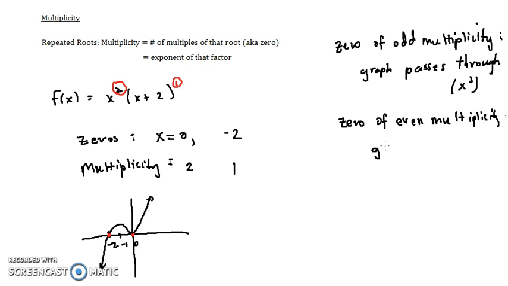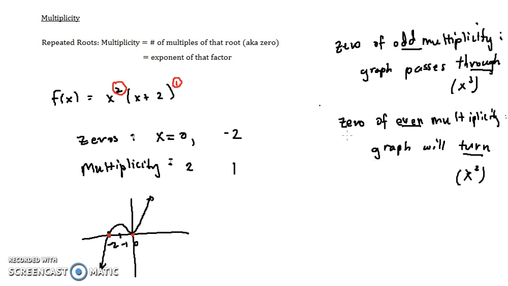So the graph is going to turn. If you're near a zero of odd multiplicity, it passes through. With an even multiplicity, we say that it turns. It touches it and then turns away, just like a parabola does. So even multiplicity, think of a parabola, and odd multiplicity, think of x cubed.